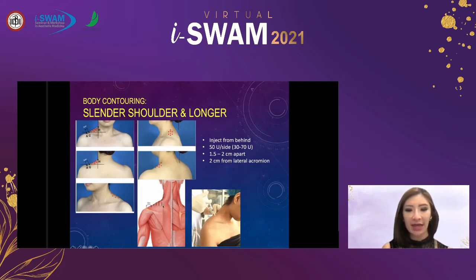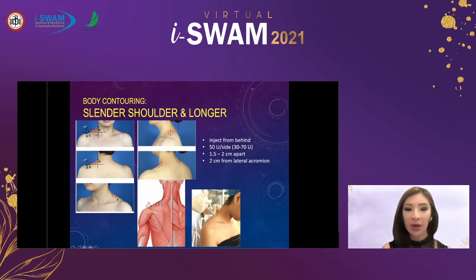This is the part where we are going to inject, and this is the anterior part. Be careful not to inject too medial, because we do not want to inject the neck part.